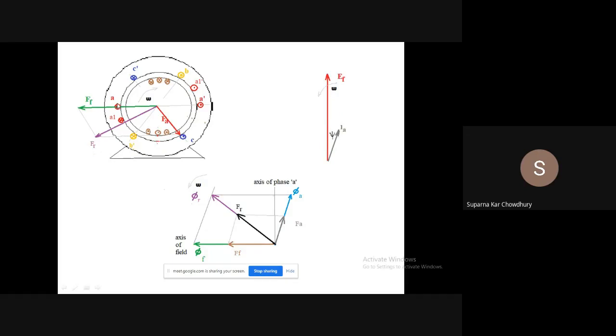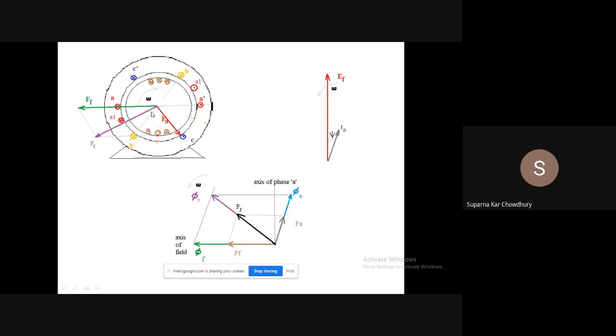So it will be maximum after this time. Instead of here, the current is maximum in some coil here, A1 dashed, which is psi degrees away from A.